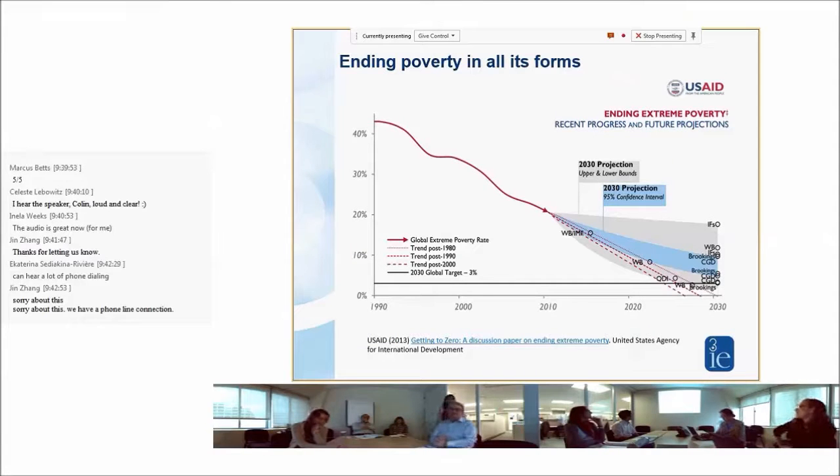So the idea really was to figure out what we should be doing to help achieve this fairly ambitious goal, knowing that some of the earliest achievements in reducing poverty may have been some of the easier ones, and also being aware of the fact that we're not just trying to reduce extreme poverty, but poverty in all of its forms.